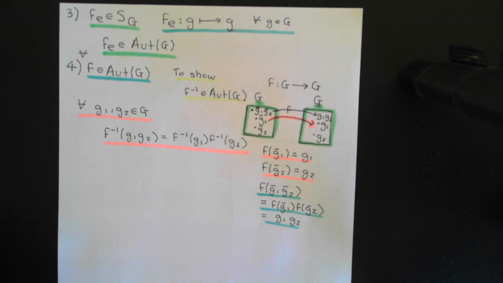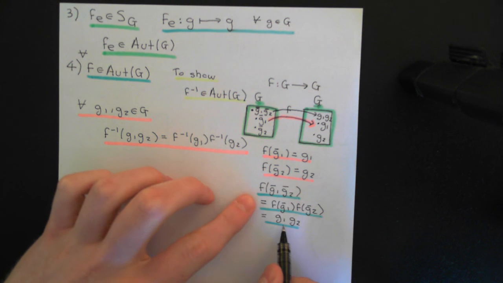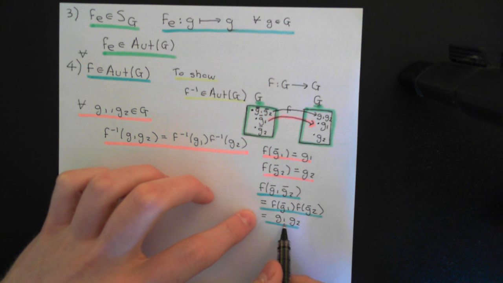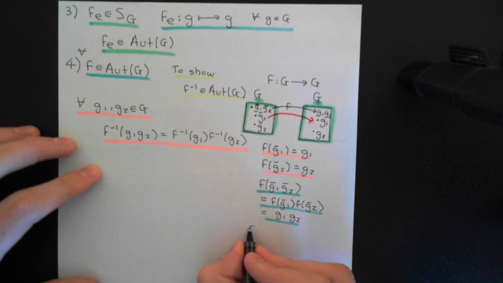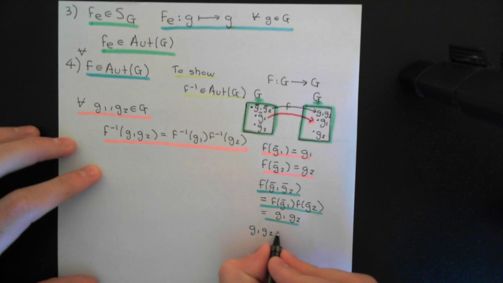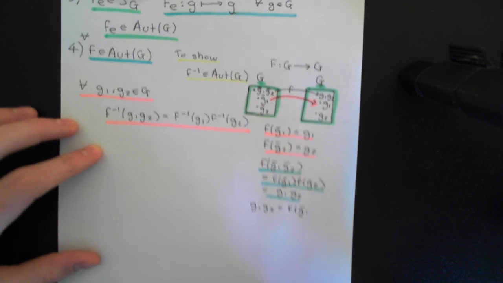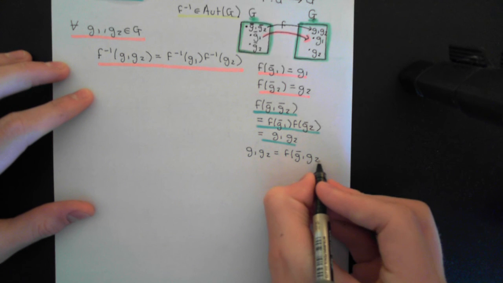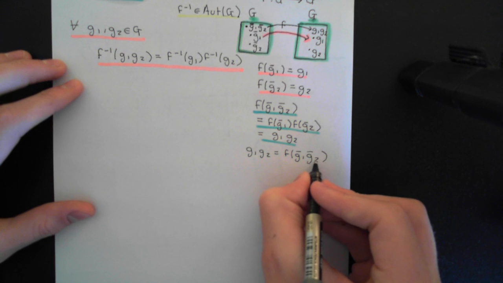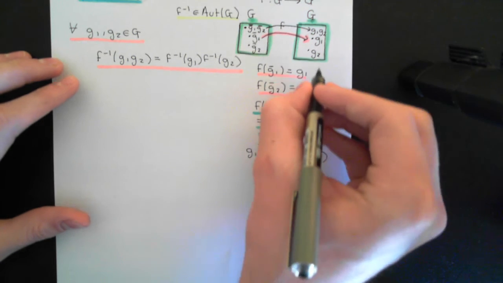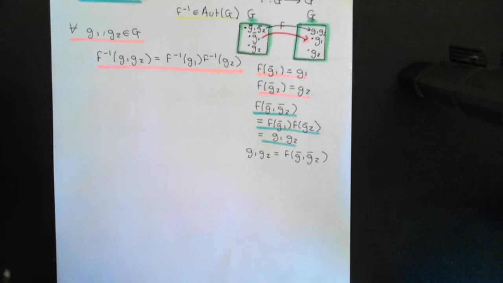I'm going to use this final line here to prove this statement. I've got this statement that G1 composed with G2 is equal to f of G1 bar composed with G2 bar, where you can find G1 bar and G2 bar from my first argument here.